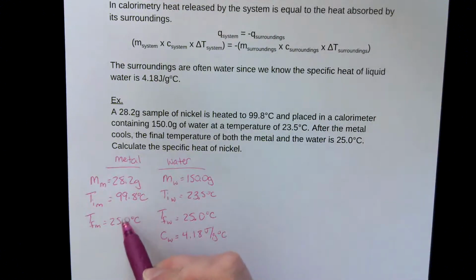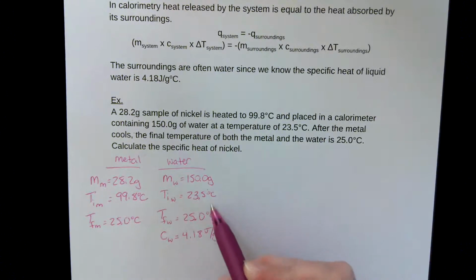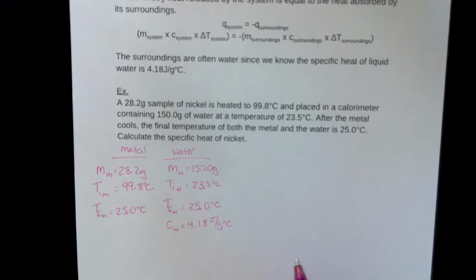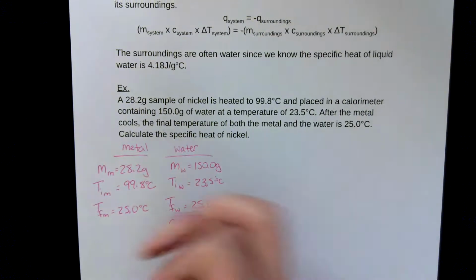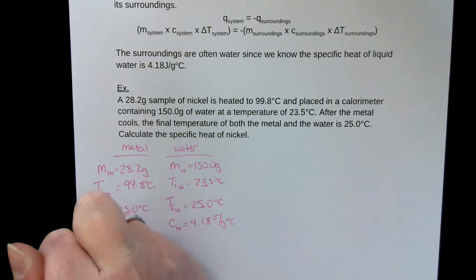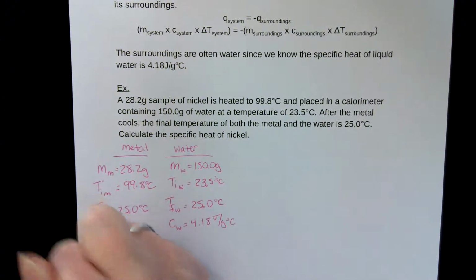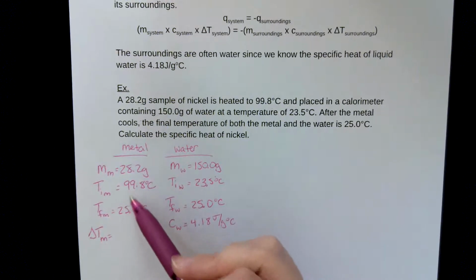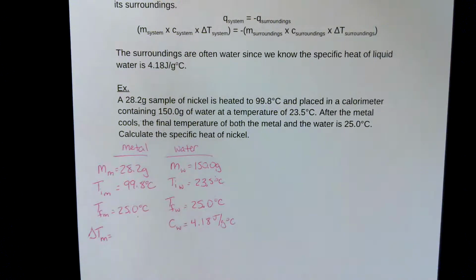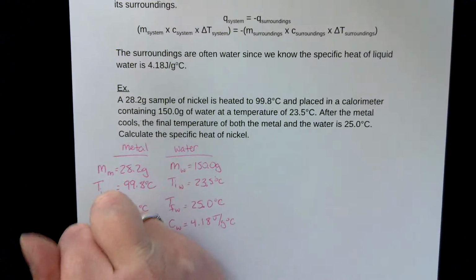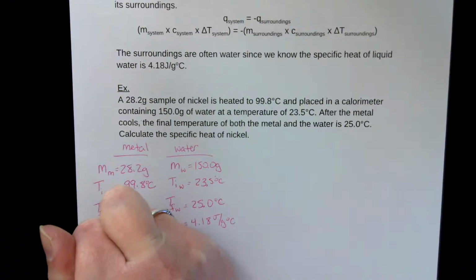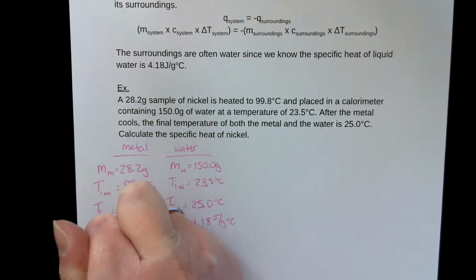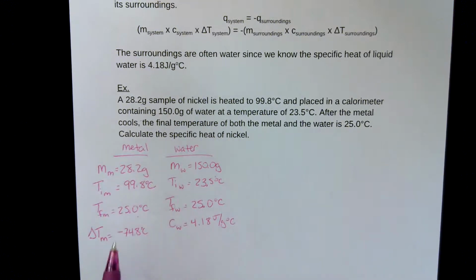So since I have a final and initial temperature, I can go ahead and calculate delta T, save myself a little bit of trouble. So delta T is always final minus initial. So the delta T of the metal is going to be 25.0 minus 99.8 to give me a negative 74.8 degrees Celsius.